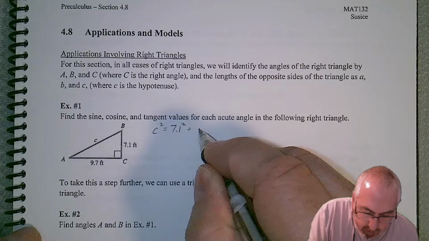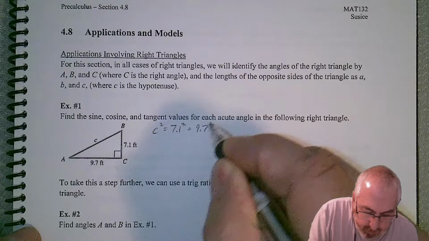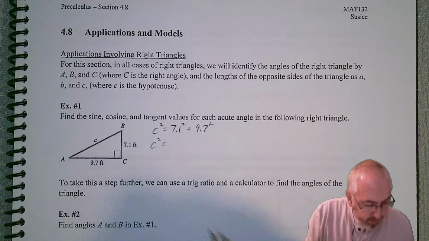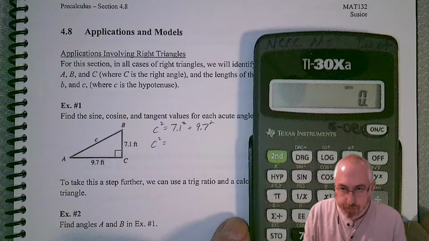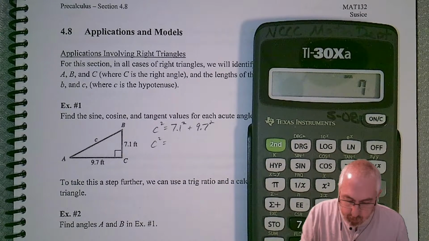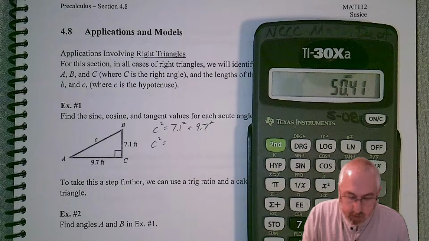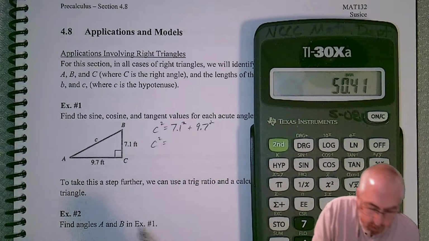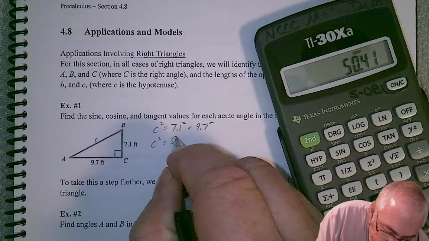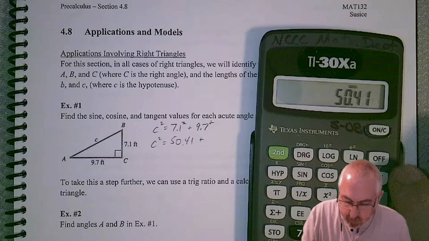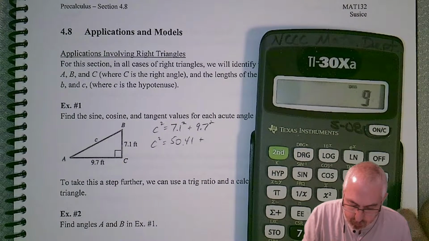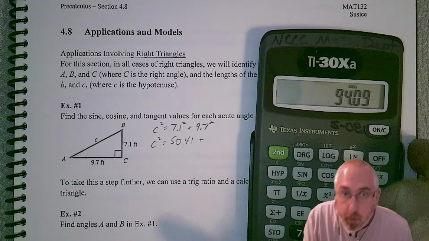So we'll plug in those values and then start simplifying it. So let's get our calculator out here. So 7.1 squared, 50.41, squeeze that in here, and 9.7 squared, 94.09.